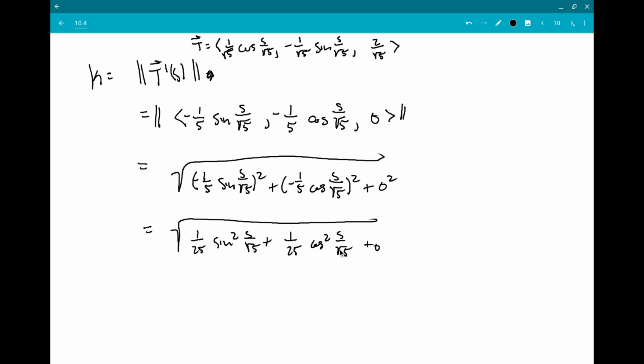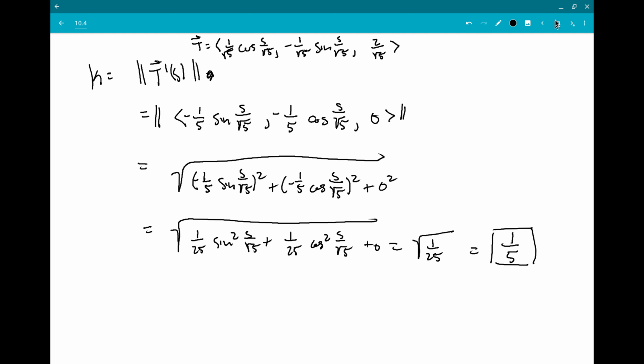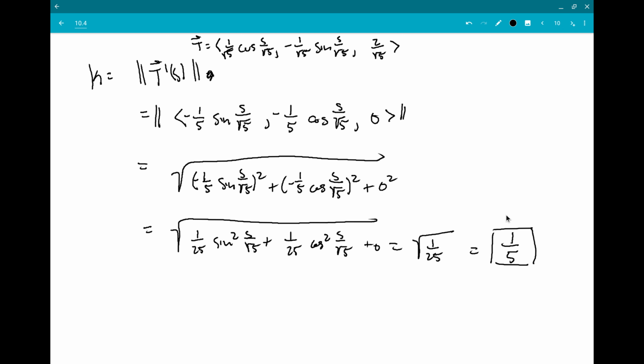Sine squared plus cosine squared is 1. This becomes the square root of 1 over 25 times 1. That's just 1 over 5, and that is my answer. So everywhere on this curve that follows sine, cosine in x and y, and 2t in z has the exact same curvature. It makes sense, because cosine and sine make a perfect circle, so how quickly you're spinning around probably doesn't change as you travel along that path.